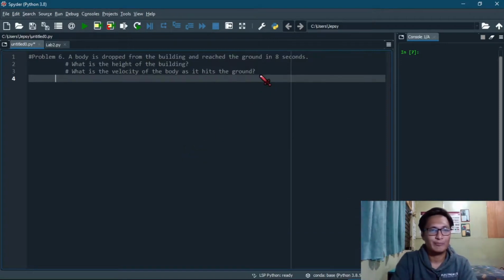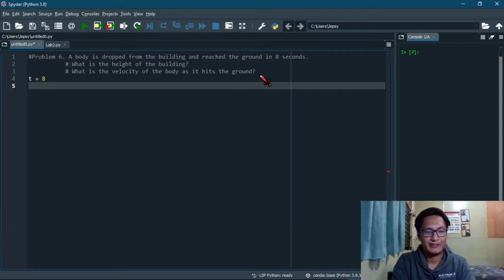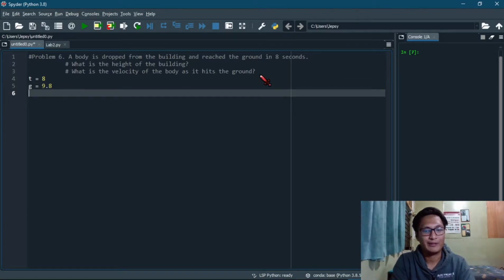So we put here the time, which is t equal to 8. You can put the gravity, which is g, equal to 9.8. Then we put the formula for the height, which is 1/2 times gt squared.